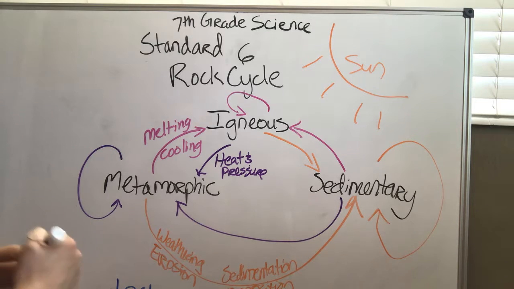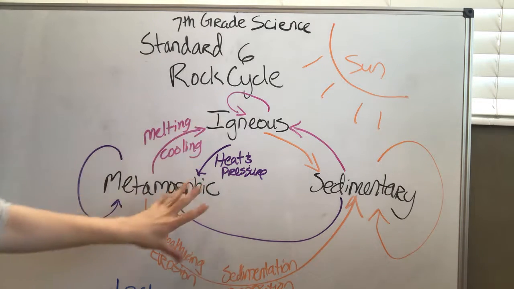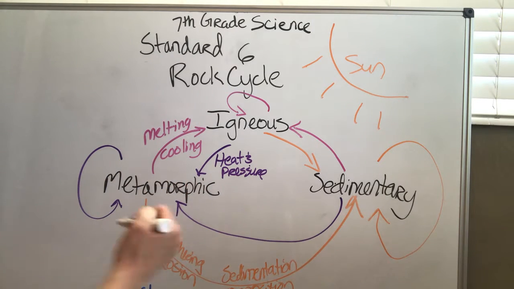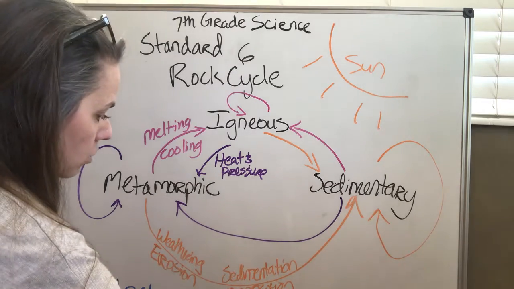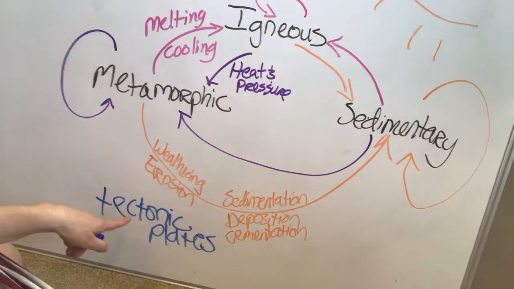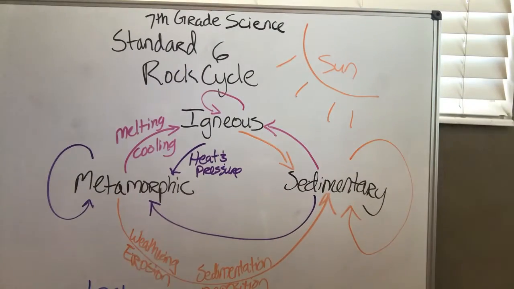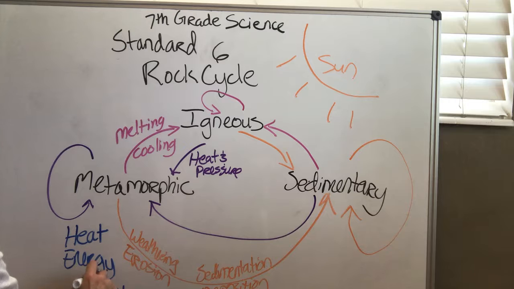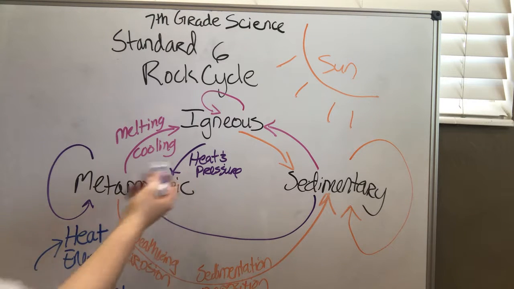And that action is creating this movement in the rock cycle. Earth's heat energy from the earth. Tectonic plates. Okay, and I'll write this right down here, just so you can see that. Heat energy from the earth. It comes up and it's heating things.